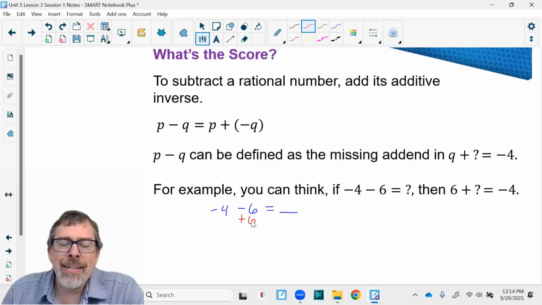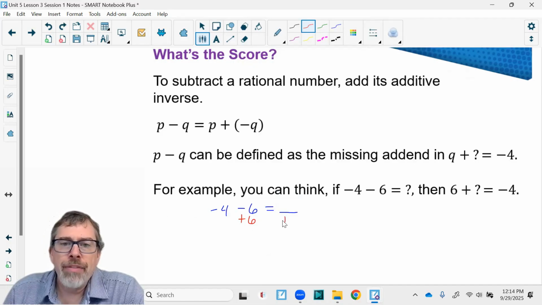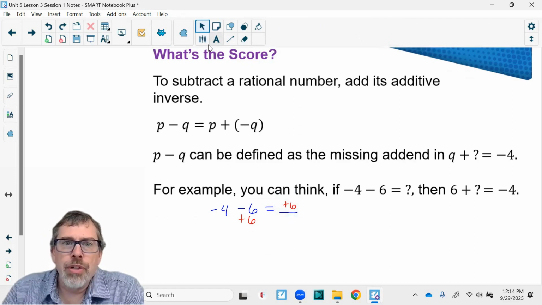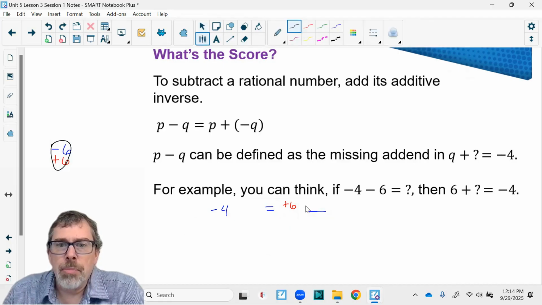But I can't add 6 to the left and not add anything to the right because then the equation's no longer true. So I'd have to add 6 to both sides. So what would happen there is I get plus 6 over here, and I get a 0 pair here. So all of these go away. Then I get negative 4 equals 6, plus some number.